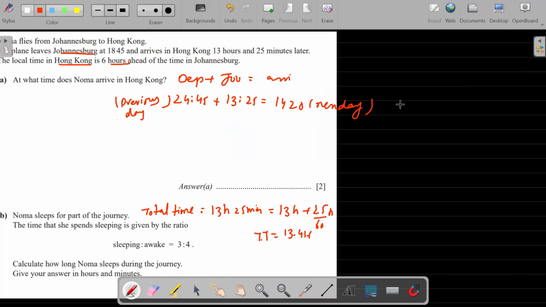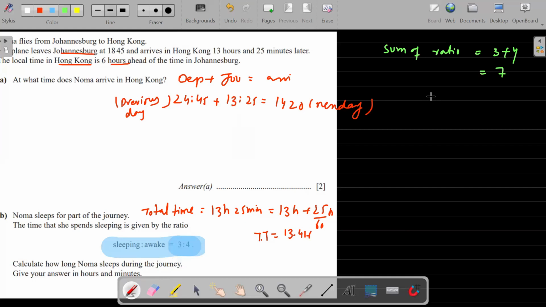That is my total time. Okay, let's take the ratios. Step one is the sum of ratios. The sum of the ratio is 3 plus 4, which is 7.